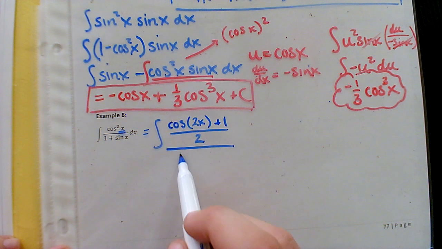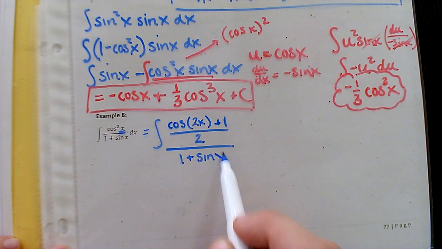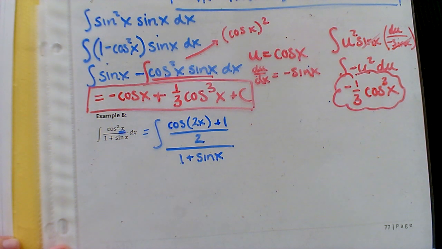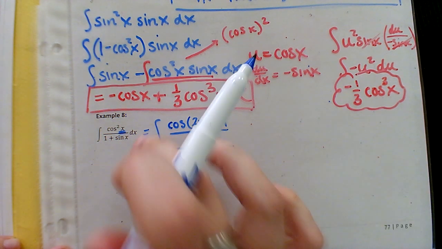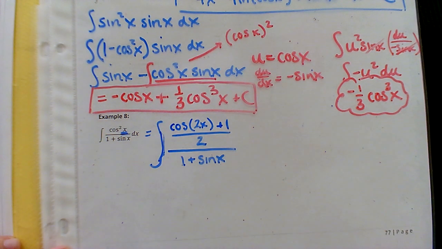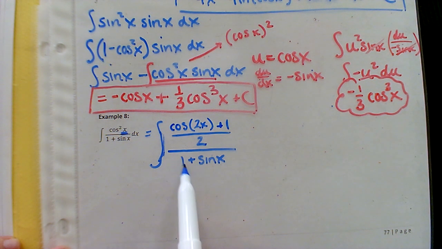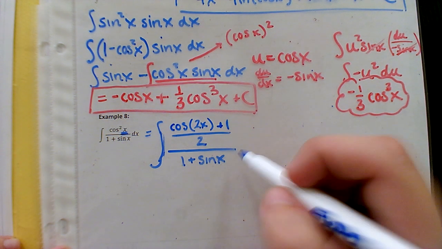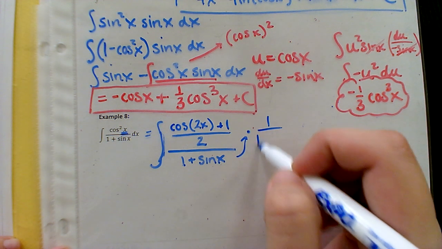And that's still all over 1 plus sine. All right, so we have a multitude of fractions there. Instead of dividing by 1 plus sine, we could multiply by the reciprocal of that.